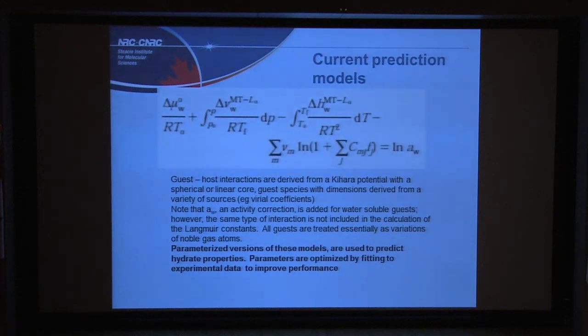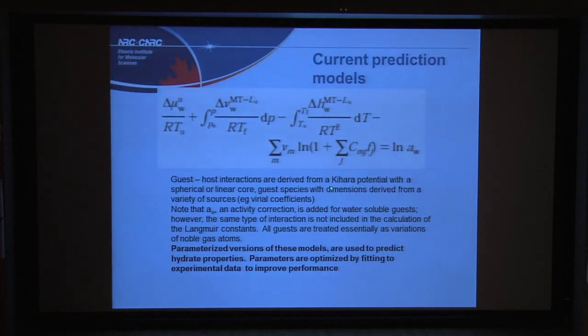So the current prediction models actually haven't really changed from the van der Waals model, but they've been parameterized in a number of different ways. In this particular case, this is an adapted form of the van der Waals equation, and these terms only are correction terms for operating away from standard pressure and temperature, but the rest is much the same as I showed you before.